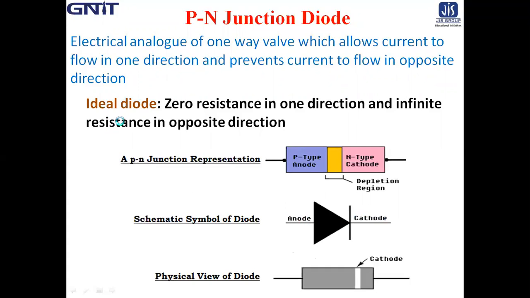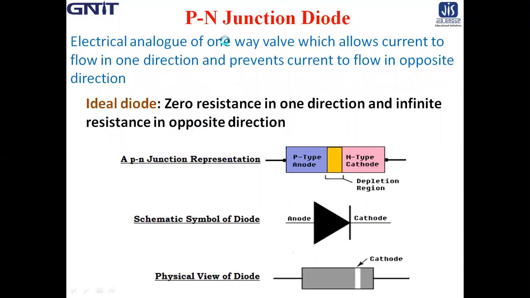And an ideal diode is one which has zero resistance in one direction and infinite resistance in the opposite direction.